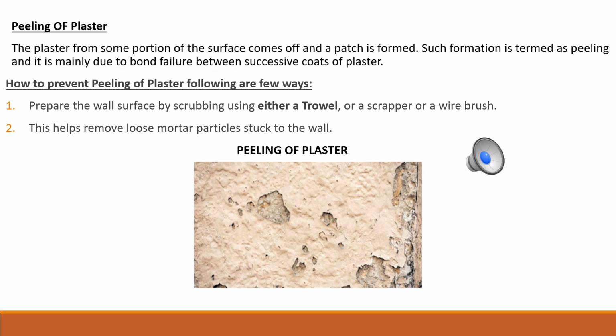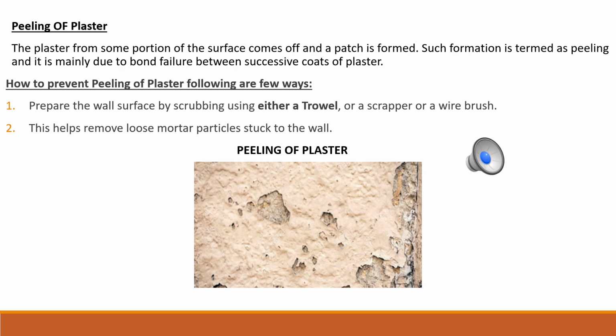We have to have the experience of all these things. And how can we prevent the peeling of the plaster? Perhaps the surface is to be scrabbled using a trowel or some sharp tools, or cleaned with a wire brush even.